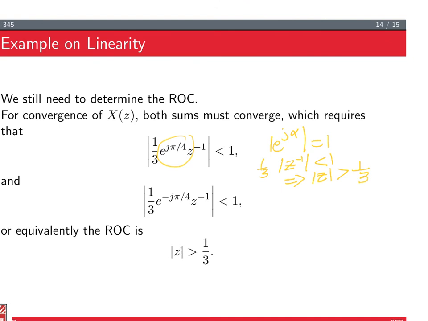Same for the second part, and the ROC is the intersection, but both ROCs are the same, so we get the ROC of this summation, which is the original signal that we started with, to be z greater than 1/3.